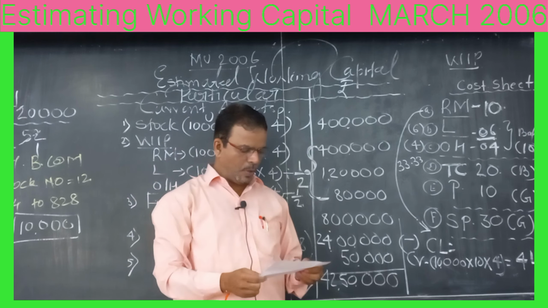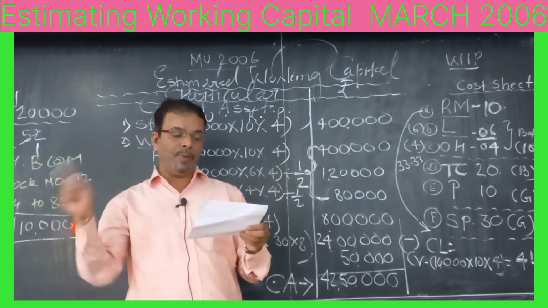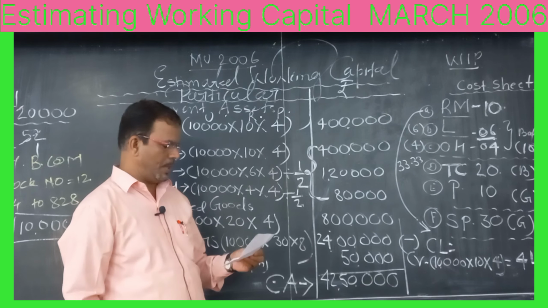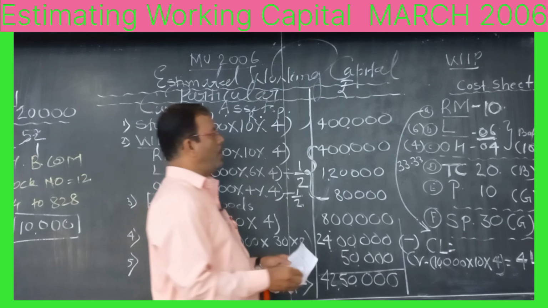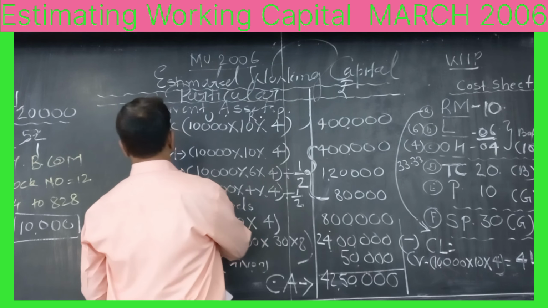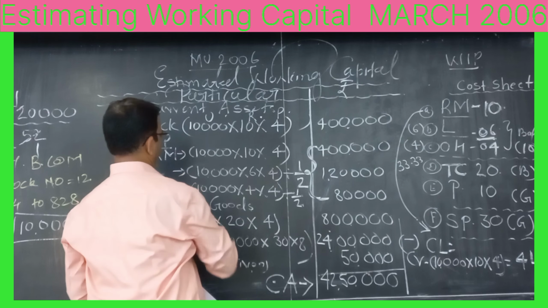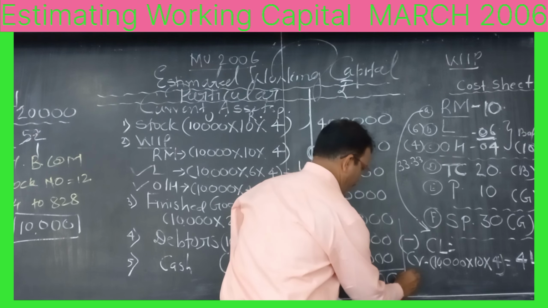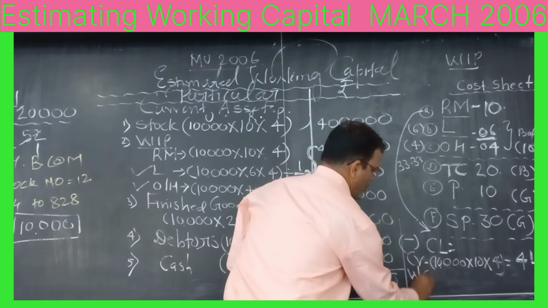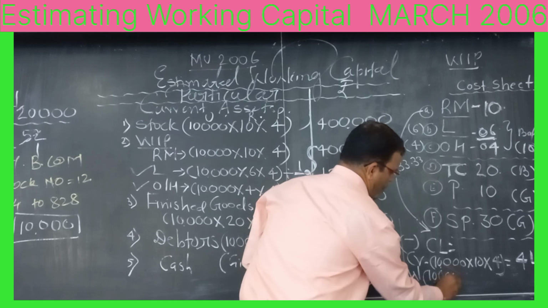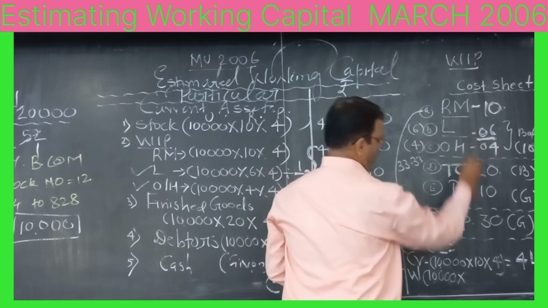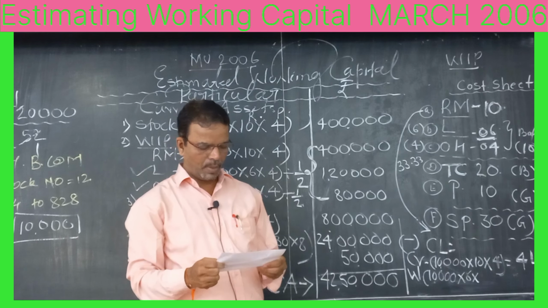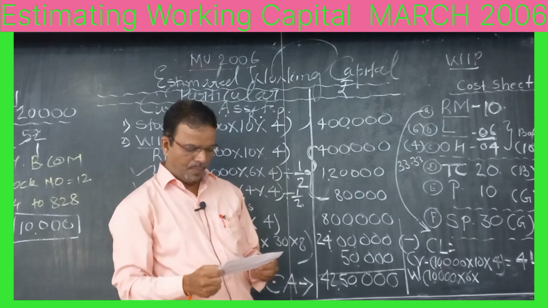After that, they told us that the time lag in payment of wages and overhead is 4 weeks. That is called outstanding wages and overhead. Wages means labor. First we take the wages. 10,000 units. The rate of labor is 6. The outstanding period given is 4 weeks.